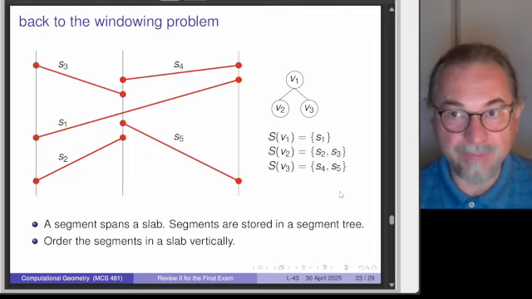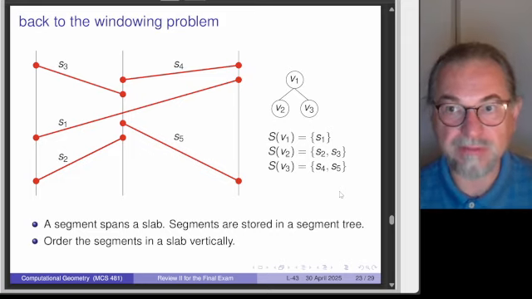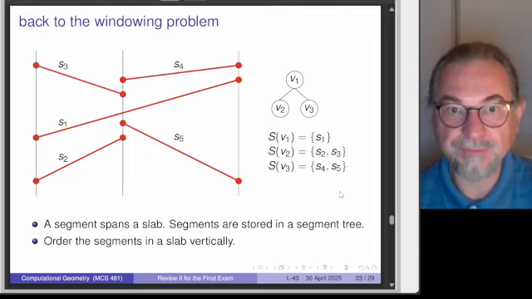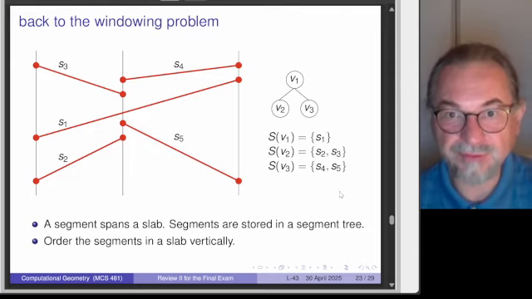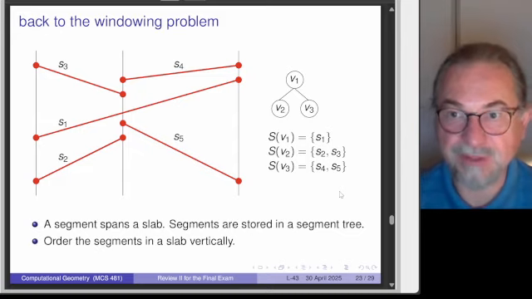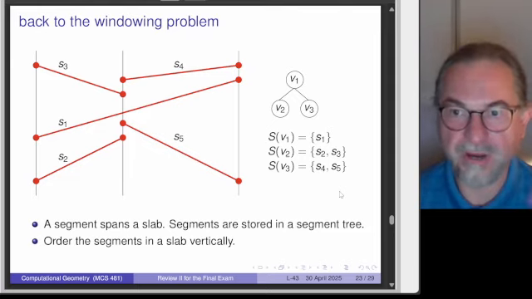It's a primitive operation to decide whether a point lies above or below a line segment. So when you do binary search, you pick the middle segment in your slab and you are going to the top half or the bottom half.